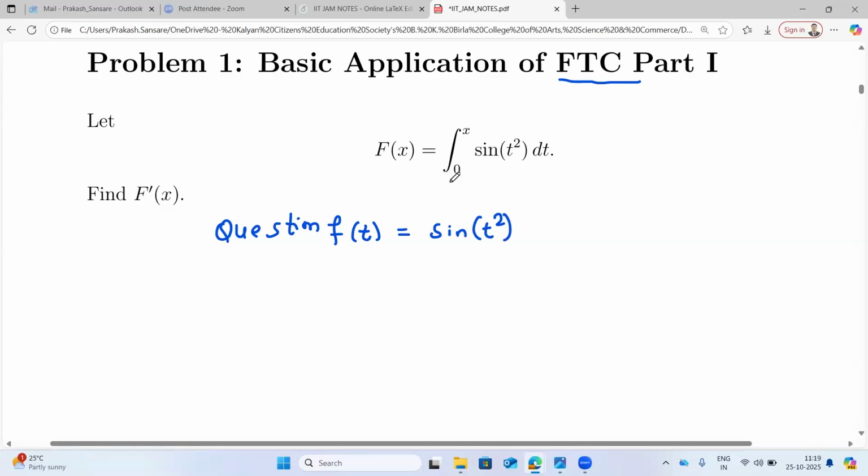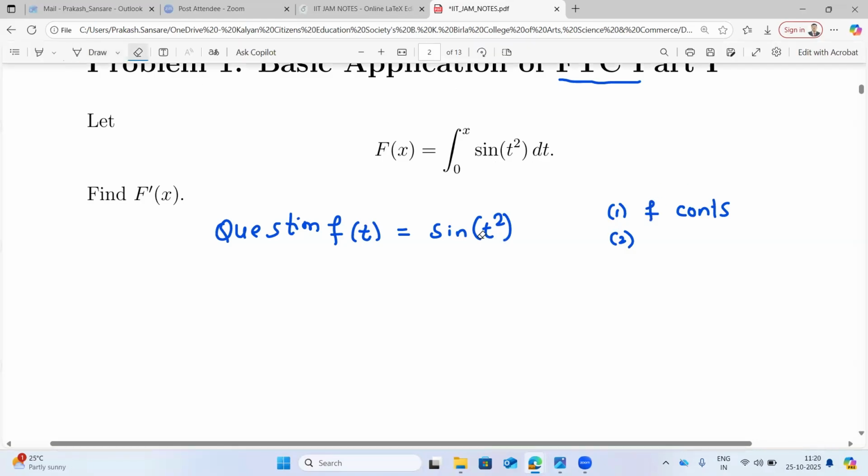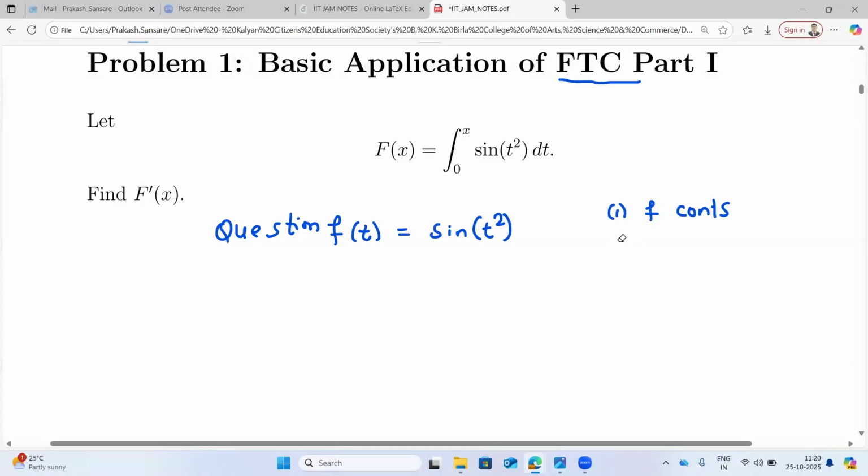Now I can apply the first fundamental theorem of integral calculus, provided it satisfies two conditions. First, f should be continuous, and second, this is an indefinite integral straight away. F(x) is an indefinite integral of sin t square. So that's okay, the second I need not worry about. So the question is, is f continuous?